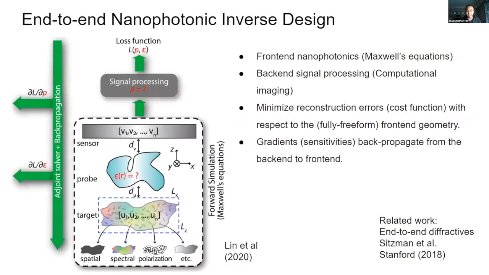So this leads us to what we call end-to-end nanophotonics inverse design, and I'll try to go through that slide a bit slower. What do we need to actually measure these multidimensional data, hyperspectral depth and polarization imaging all at once?